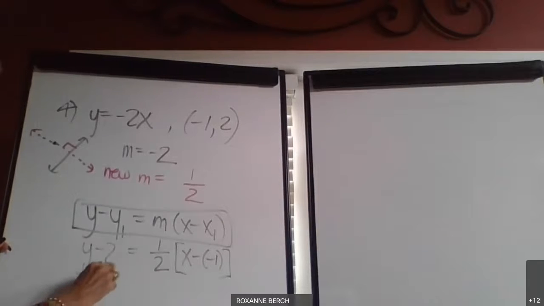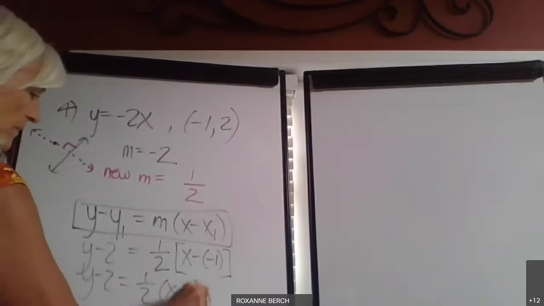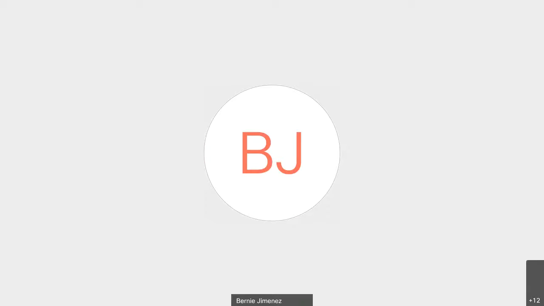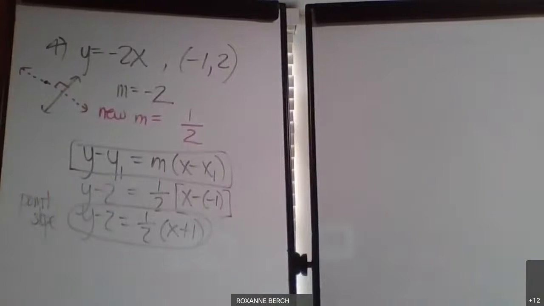So your point slope form would just be this. You have to simplify it down so it looks nice. So this is point slope form.